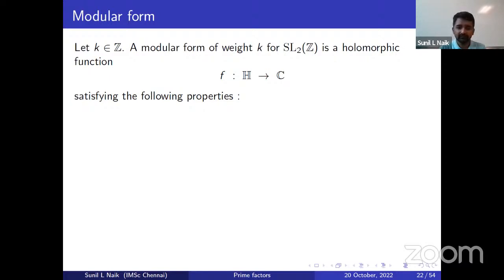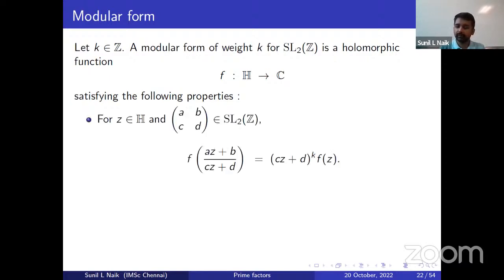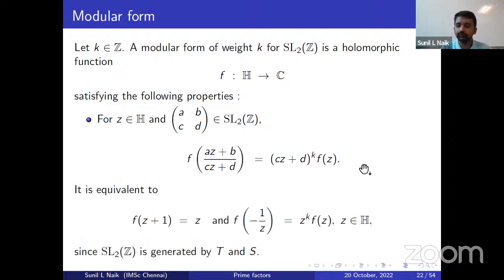The first one is the transformation property: for any z in the upper half plane and any matrix (a, b; c, d) belonging to SL2(Z), f of (az + b)/(cz + d) is equal to (cz + d)^k times f of z. Since we know that SL2(Z) is generated by two matrices T and S, this property is equivalent to saying that f has period 1 and f of -1/z is equal to z^k times f of z for every z in the upper half plane.